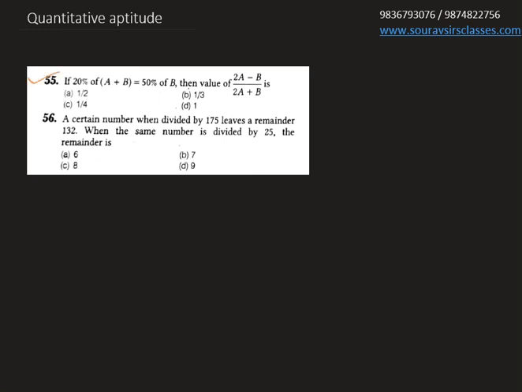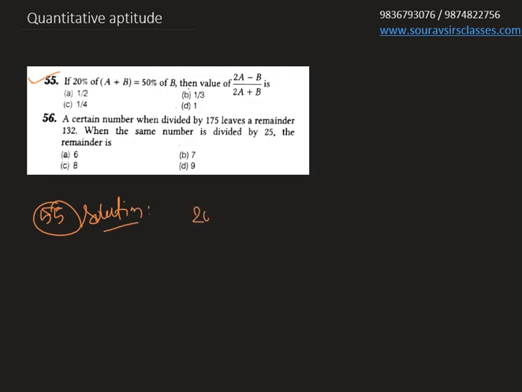If 20% of a plus b is equal to 50% of b, then we need to find the value of 2a minus b divided by 2a plus b. So let's try to solve the first problem.